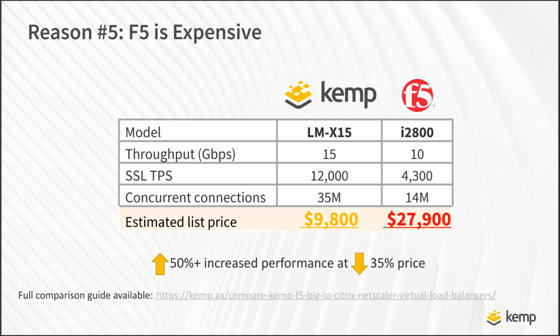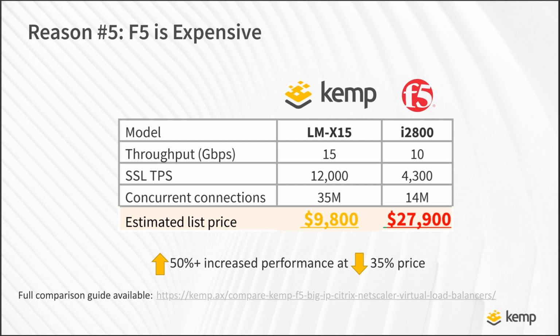You can see the numbers. I won't go through them. And you can see the estimated list price. This is the MSRP from what we can find on websites and various sources. And we can see that the F5 product is $27,900 US, and the Kemp is $9,800 US estimated list price.